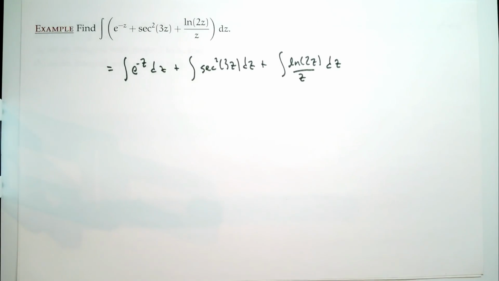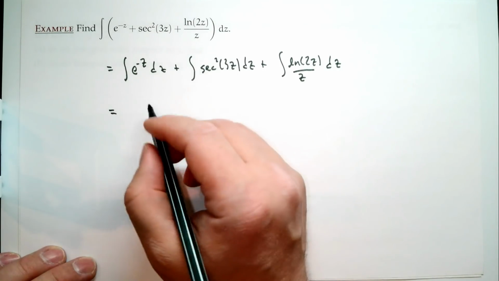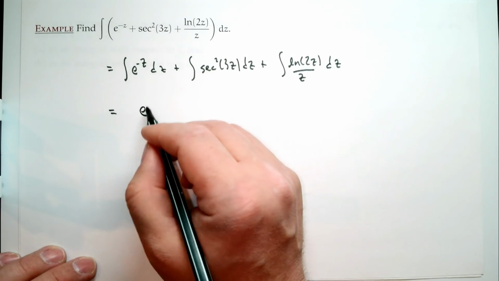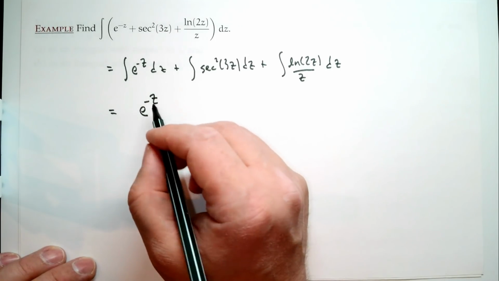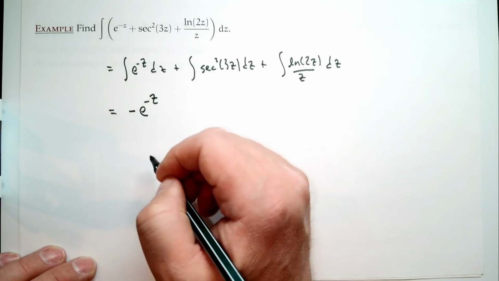Now, some of these we can do without much thought. Some of them we have to give a little bit of thought. Some of them we might have to give a lot of thought. Do we know the antiderivative of e to the negative z? Well, I hope it's e to the negative z, but then we have to compensate for that minus. So we put the minus in front.